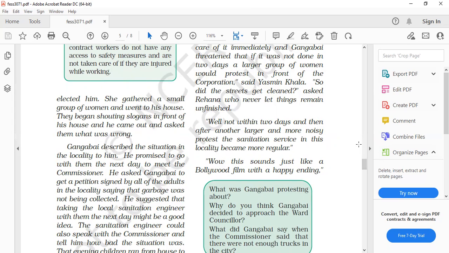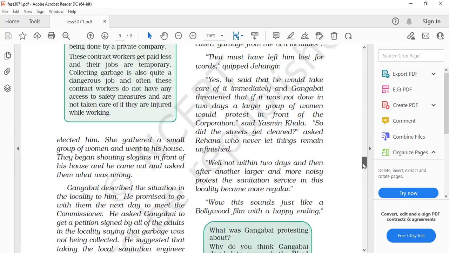You can get different types of questions, like what made the commissioner in this incident take immediate steps to clean the area. So here you can get another question: what made the commissioner take immediate action?